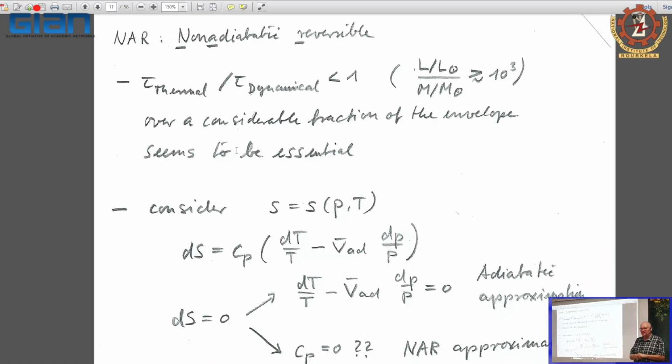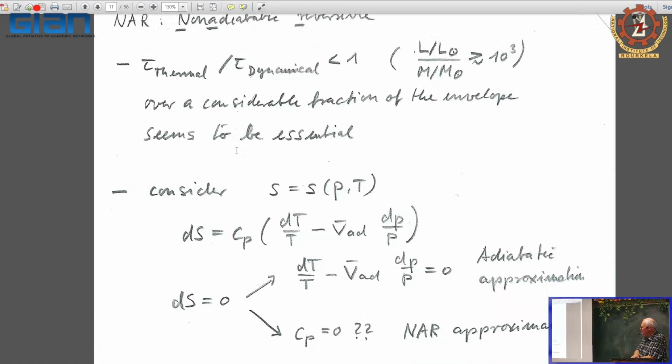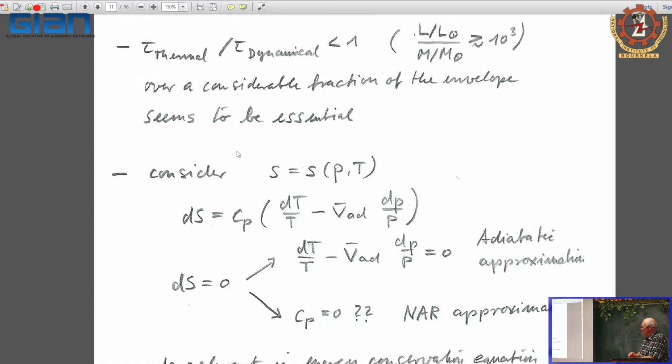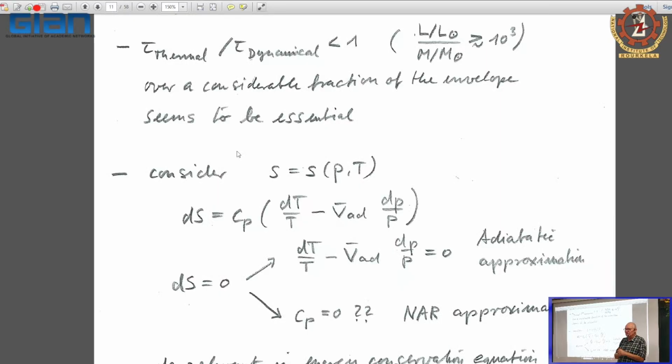This relation has been used and derived several times in the course of this lecture. So let us ask now, how can we make ds equal to 0? Well, an obvious way to make ds, the change of the entropy, vanish is to require adiabatic changes of state.